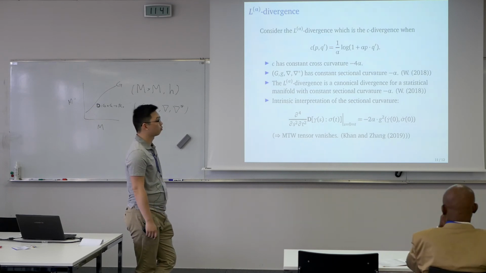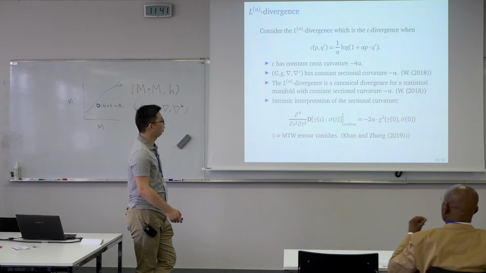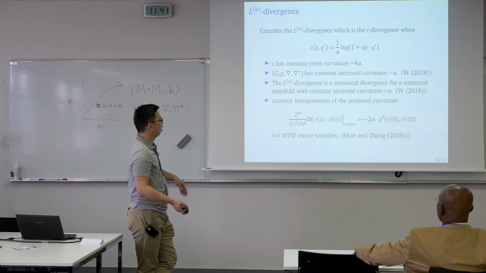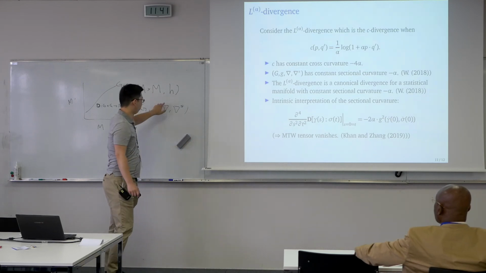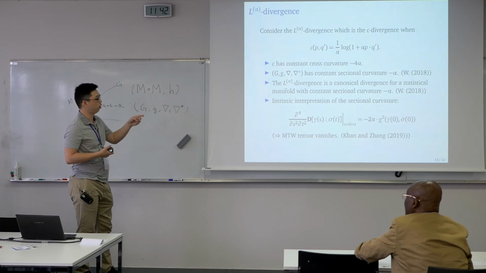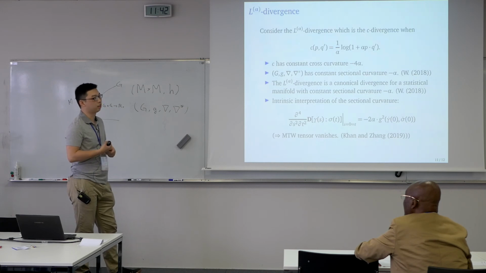Which means there is no dually flat structure in this framework, because if alpha equals 0, then this one is flat and this one is flat, right? Because if alpha equals 0, then the L alpha divergence actually tends to the Bregman divergence, so it's dually flat. Yeah.